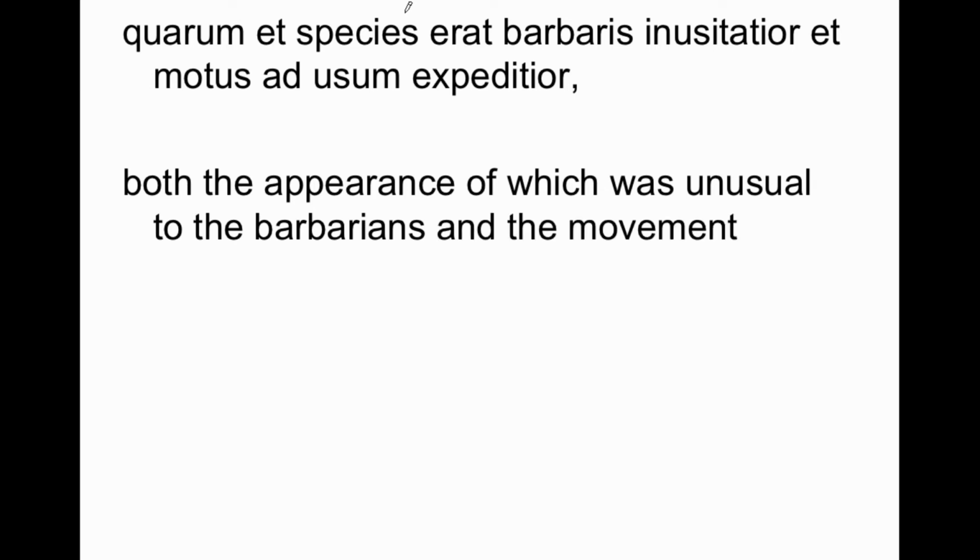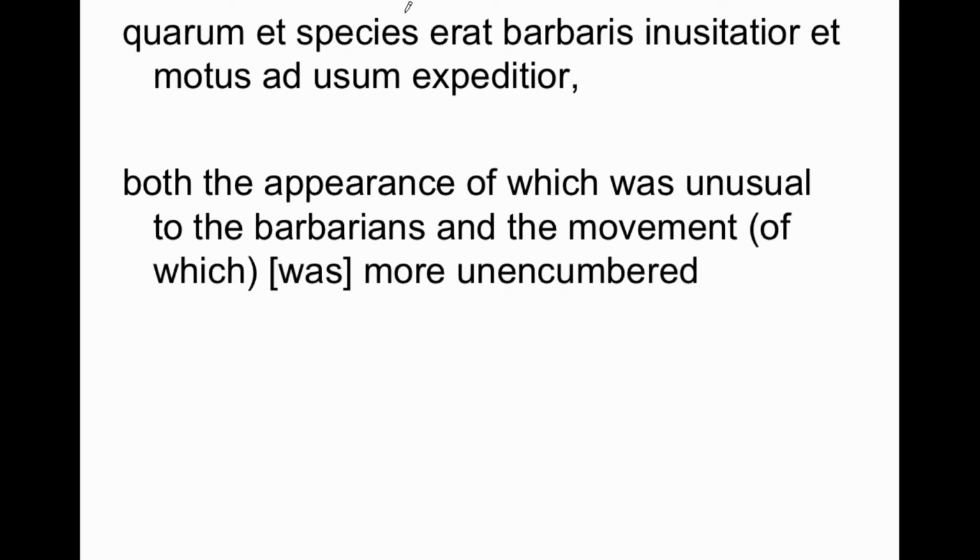The motus is the movement or the motion, again, of which was more unencumbered, okay? So these longships are actually well suited for what he's saying. So these are more unencumbered for use. The movement was more unencumbered for use, ad usum.